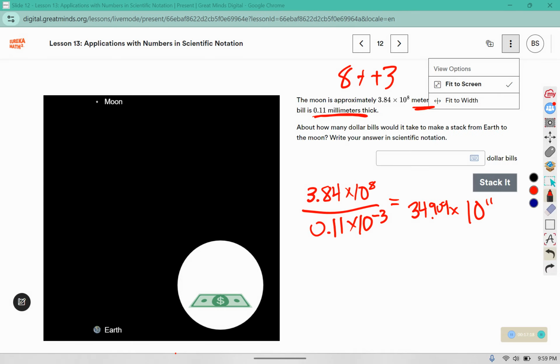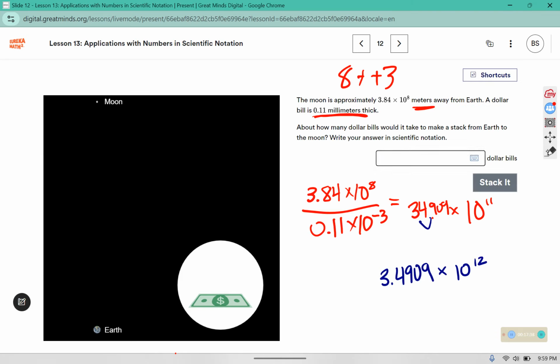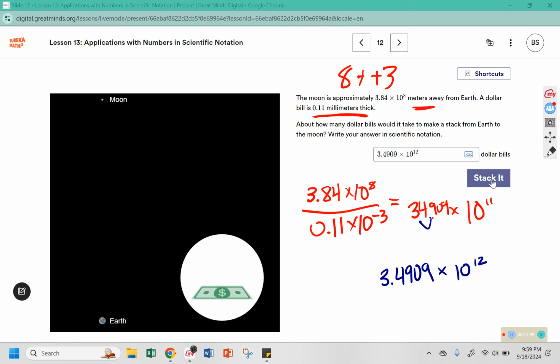But this is not in scientific notation. We need to move the decimal one place. By doing that, we made the number smaller, from 34 to 3.4, so we need to make our exponent larger. And it looks like we made it to the moon.